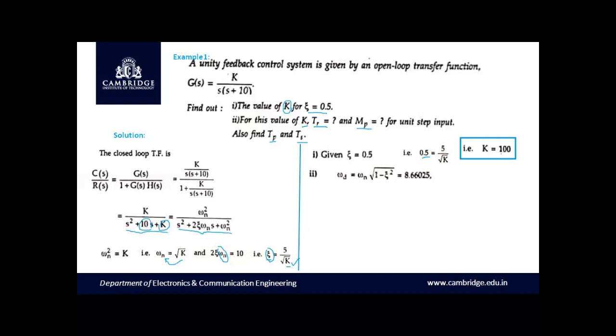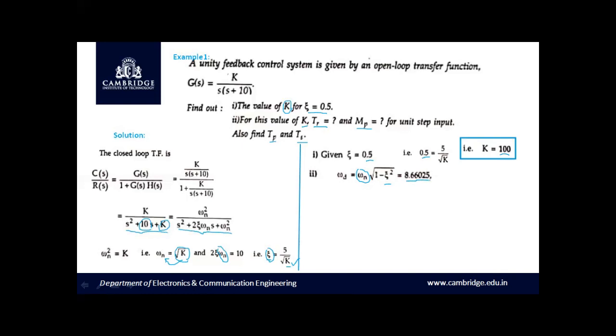Once after knowing the value of K, if I substitute here in this expression, omega n, which is equal to square root of 100, I get omega n as 10. So I can substitute for omega n and zeta in this expression. Omega n is 10 and zeta is 0.5.